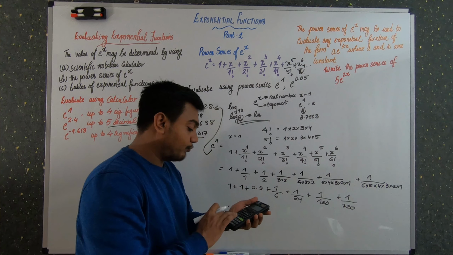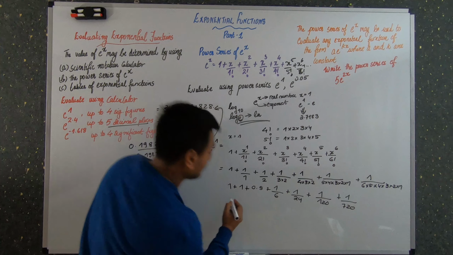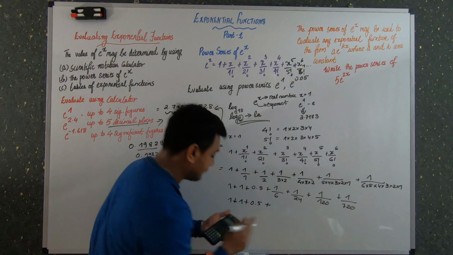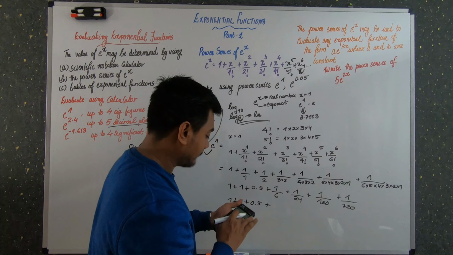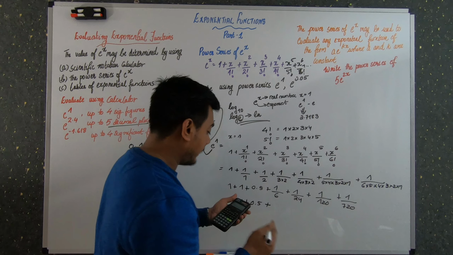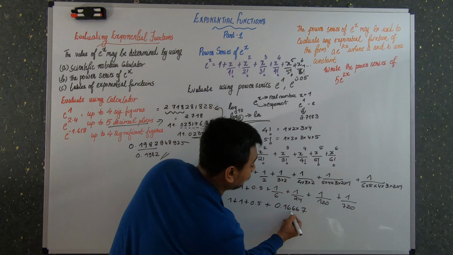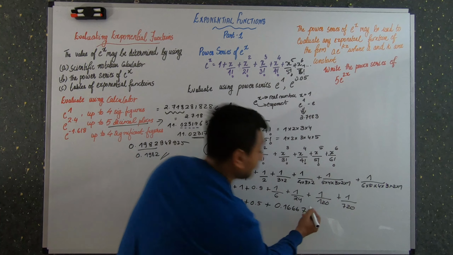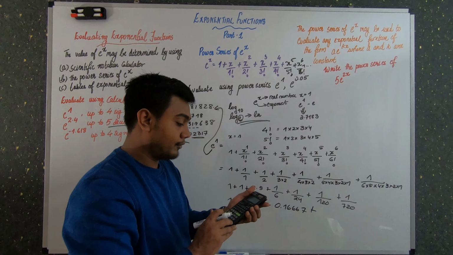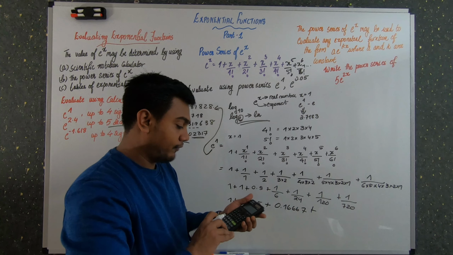Okay, now let's find what 1 divided by 6 is. It is 0.16667. I am taking up to 5 decimal places. So I am writing it again: 1 plus 1 plus 0.5 plus 0.16667. Okay, so the next term would be 1 divided by 24.